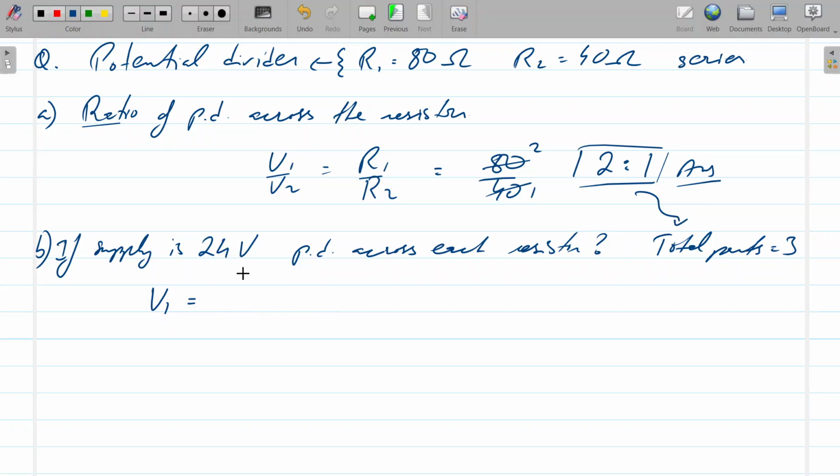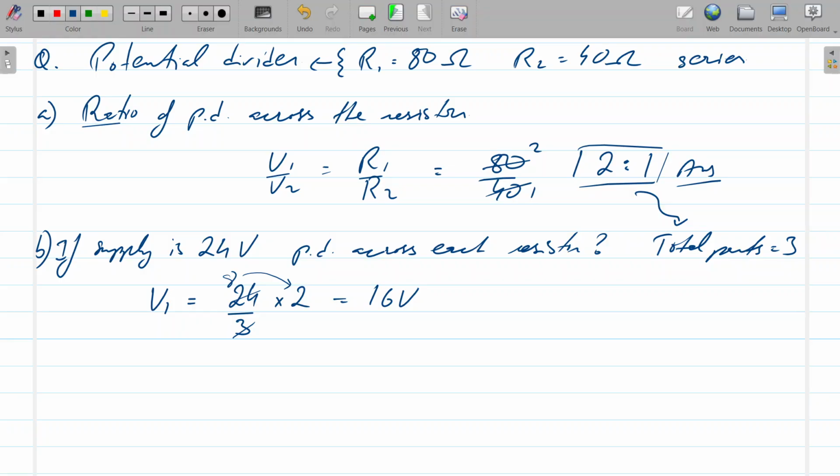And so V1, which is for 2 parts, we're going to do 24 divided by 3 multiplied by 2. So we're going to divide 24 into 3 parts, which is going to give us 8. And then the first resistance is getting 2 parts of the voltage, and so that is 16 volts.